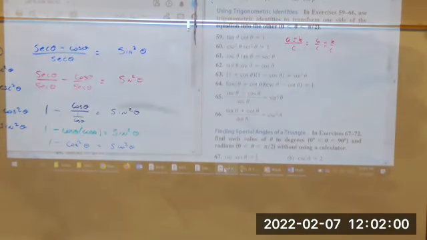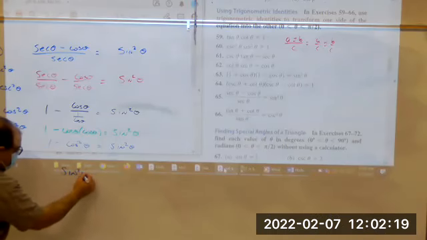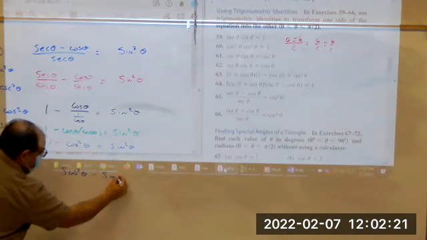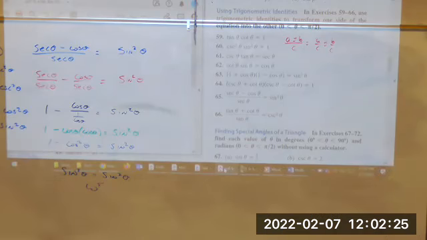Now, some people, and this is the bad part, they go, oh yeah, that's right, that's what sine squared can equal, and they stop. You're not done until you actually make the left equal the right. You have to have the same thing on both sides. So now there's my sine squared theta equals my sine squared theta, and you put your finishing touch to that.